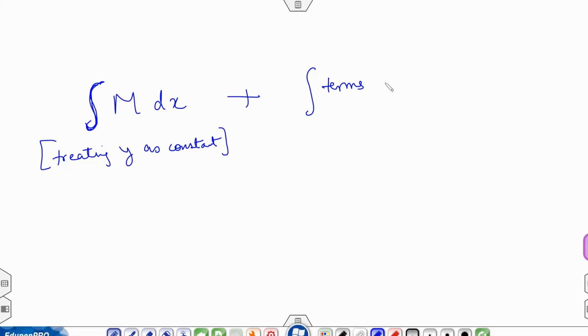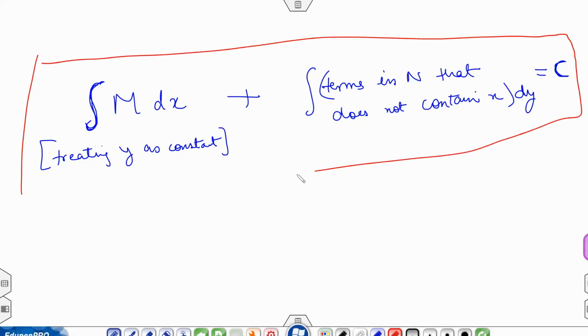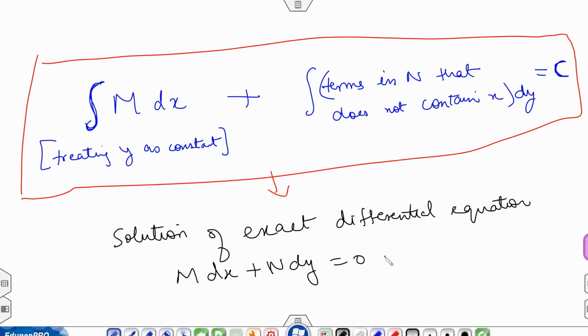You will take the terms in n that do not contain x and integrate them with respect to y, and this will be equal to some constant c. So this will be the solution of your given exact differential equation. Let us see a few examples to make this shortcut formula more understandable and applicable.